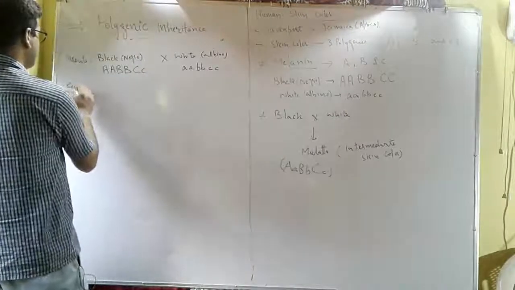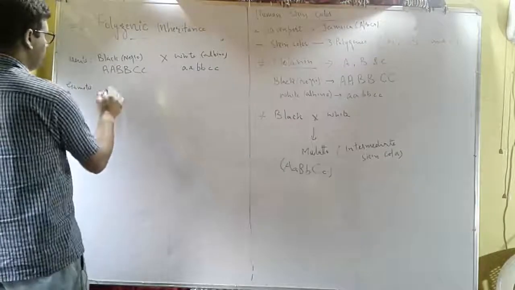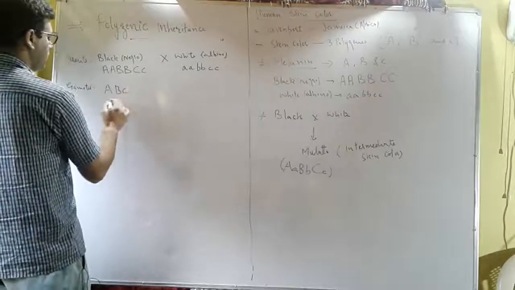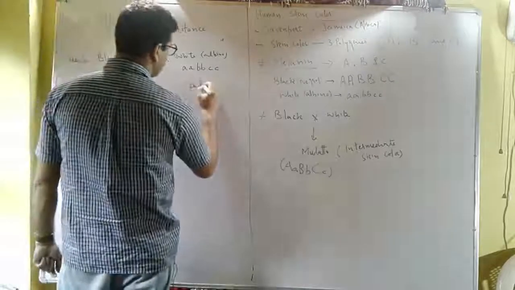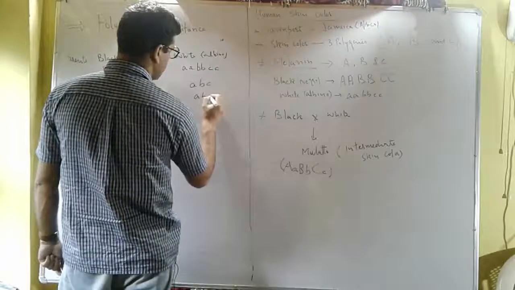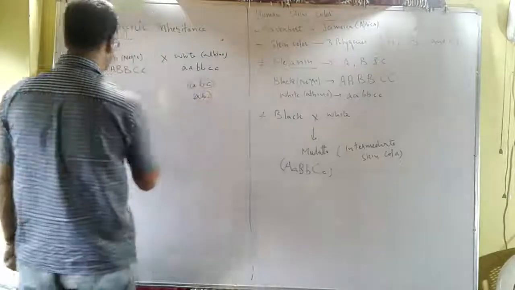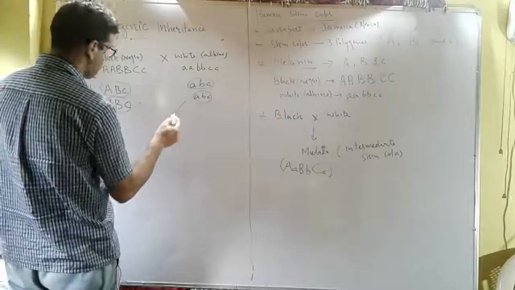What are the gametes? This is the genotype. Then we have gametes A, B, C, and the other parent's gametes, small a, small b, small c.